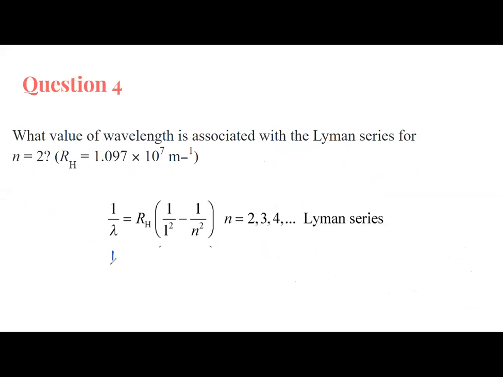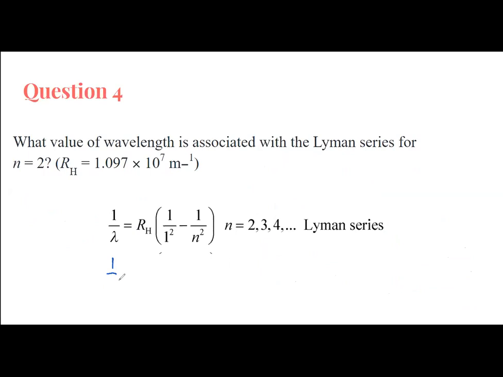Don't forget to flip it at the end. If you get a huge number, it's probably because you forgot to flip. One minus one over the second level squared. So this should give you, I think, about 121 nanometers.